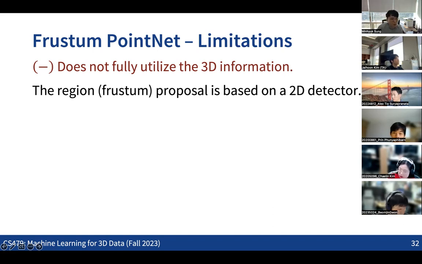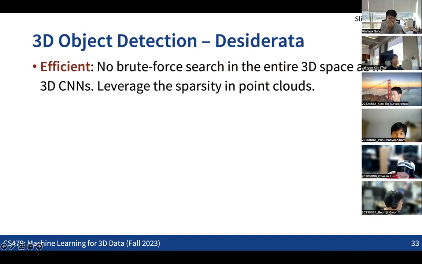What we want to achieve in building a 3D object detection network is an efficient architecture which can process the point cloud information directly without using 3D volume information, so that we can avoid doing computation in the empty space. That's the first thing that we want to achieve.